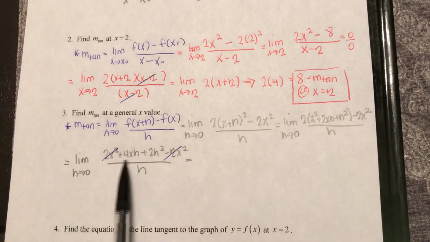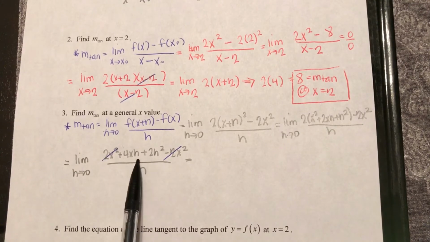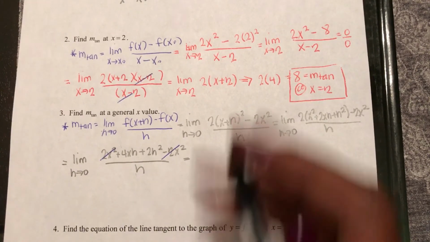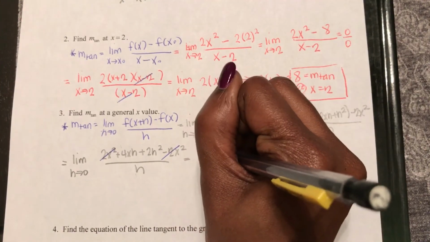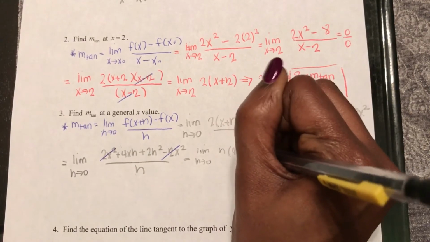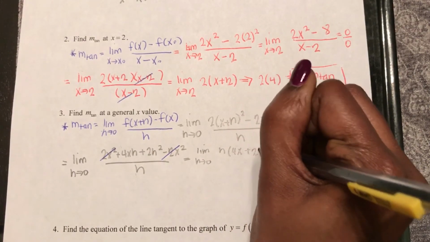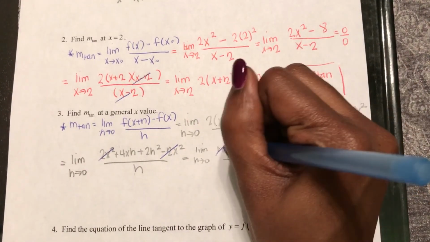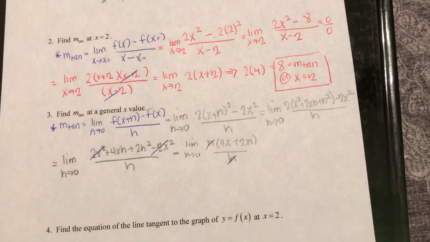I see that these two terms have a GCF of h, which can cancel with the h in my denominator. So I'm going to factor that out, h, and that leaves 4x plus 2h over h. And now my h's cancel.